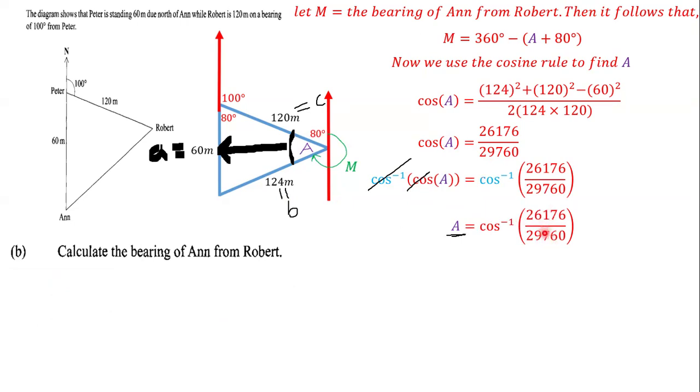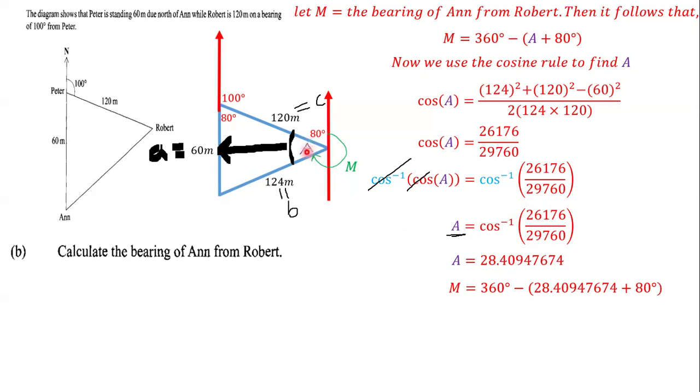When we do cosine inverse of this fraction, we get 28.40947674. So we know that A is equal to 28.40947674.